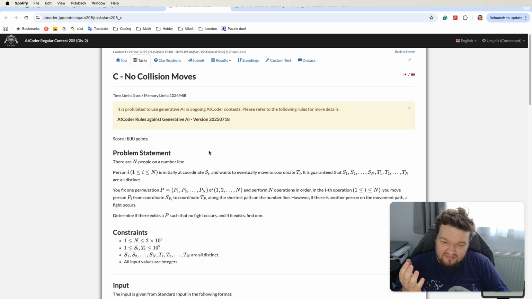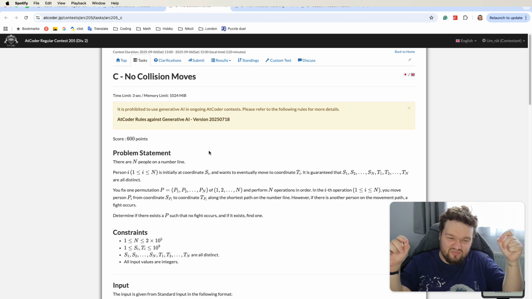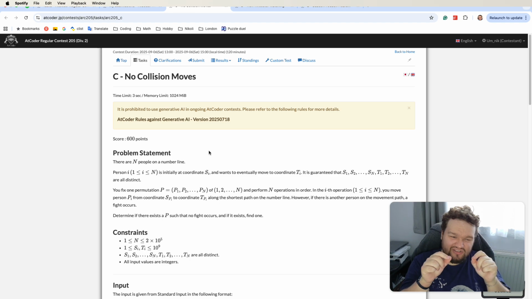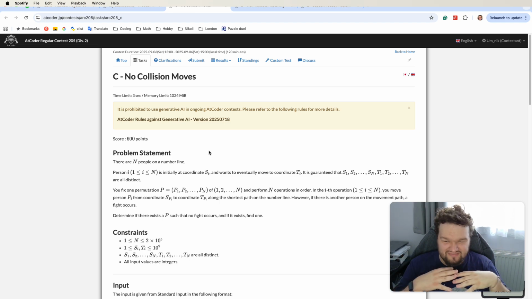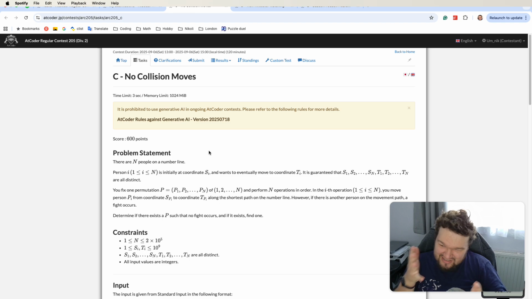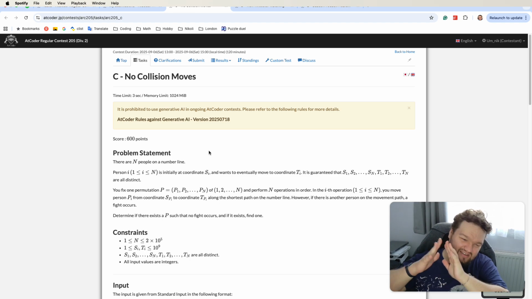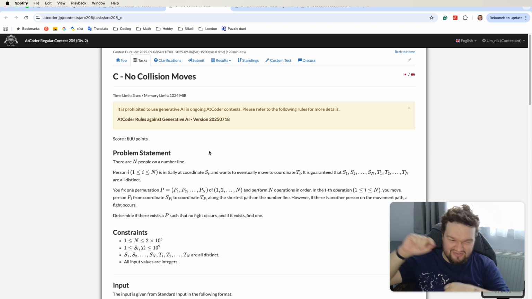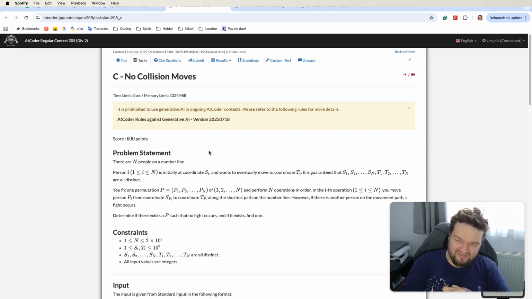Otherwise, two segments that move in opposite directions cannot intersect at all. So the only thing I need to be careful about is separately processing people that want to go to the left and people that want to go to the right.